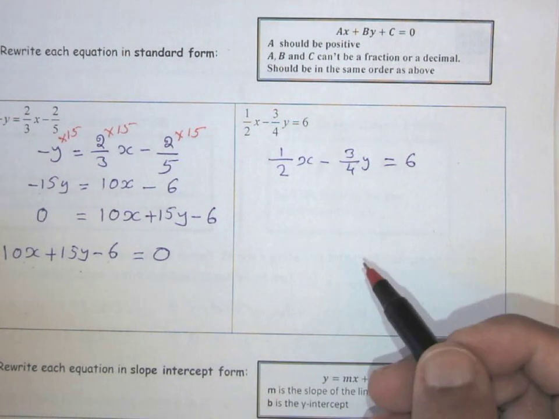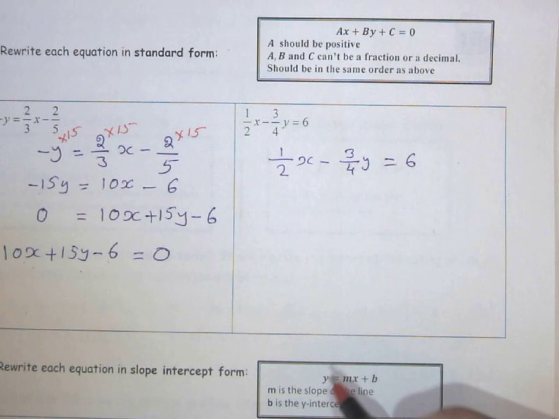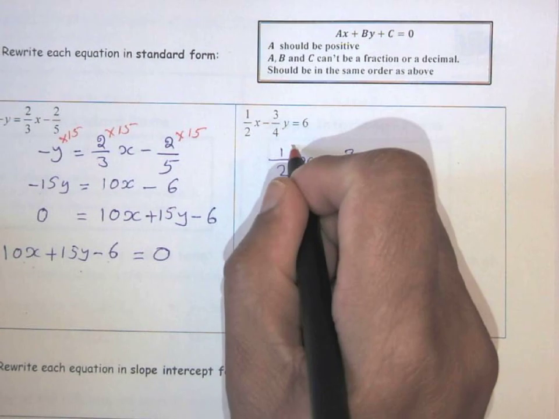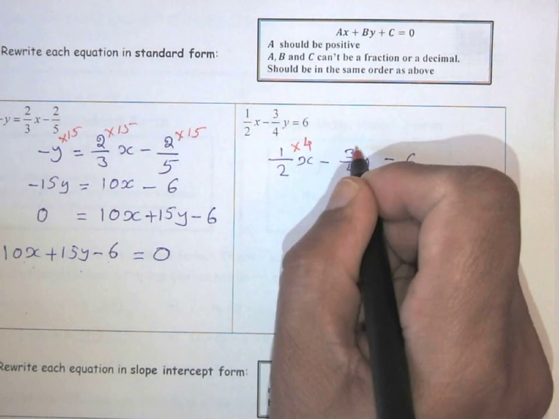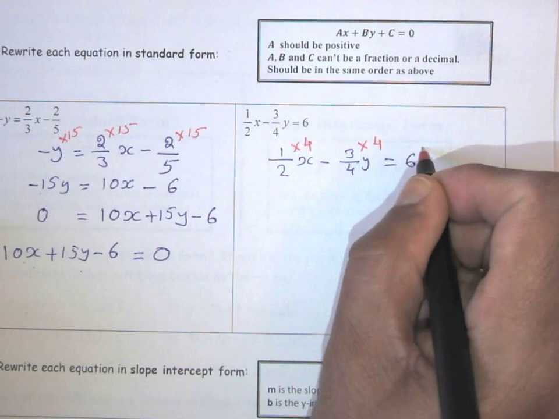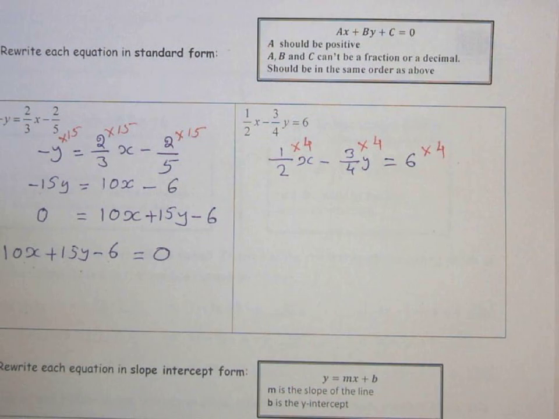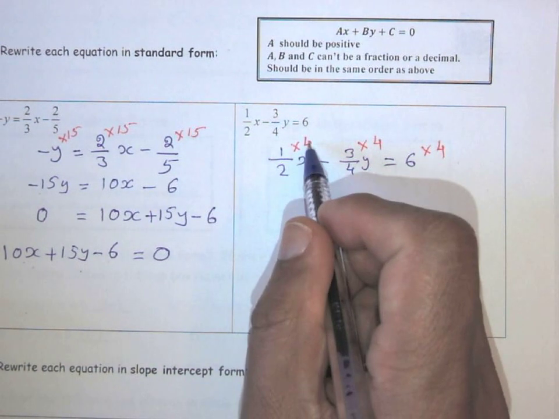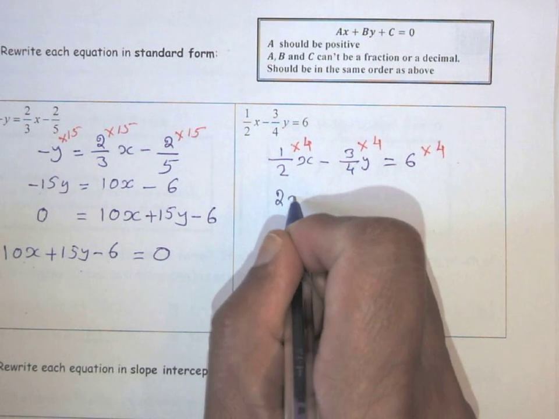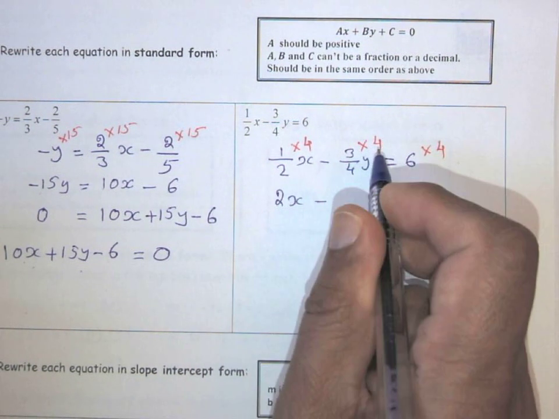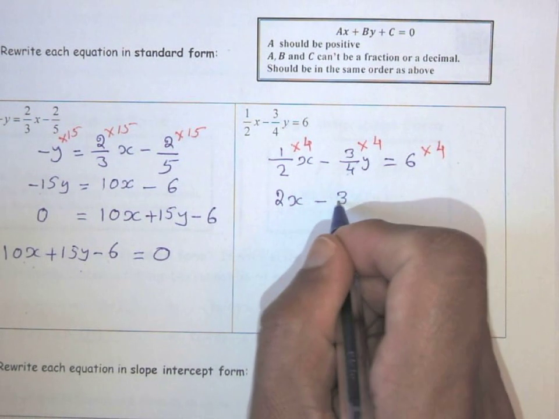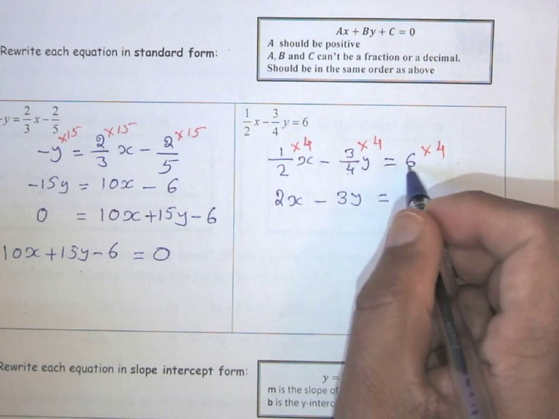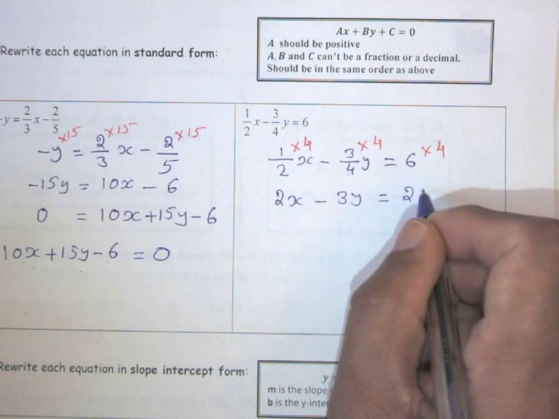It's the common denominator, which is nothing else, number 4. So 4 to be multiplied here, here, and there. And then the first term reduces to 4 over 2, that is 2x, minus, and this is reduced to 3y, and that is 6 times 4, which is 24.